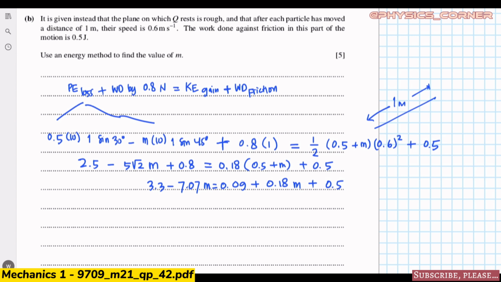plus 0.18 m. So 7.25 m here, and here is 3.3 minus 0.09 minus 0.5, which is 2.71.